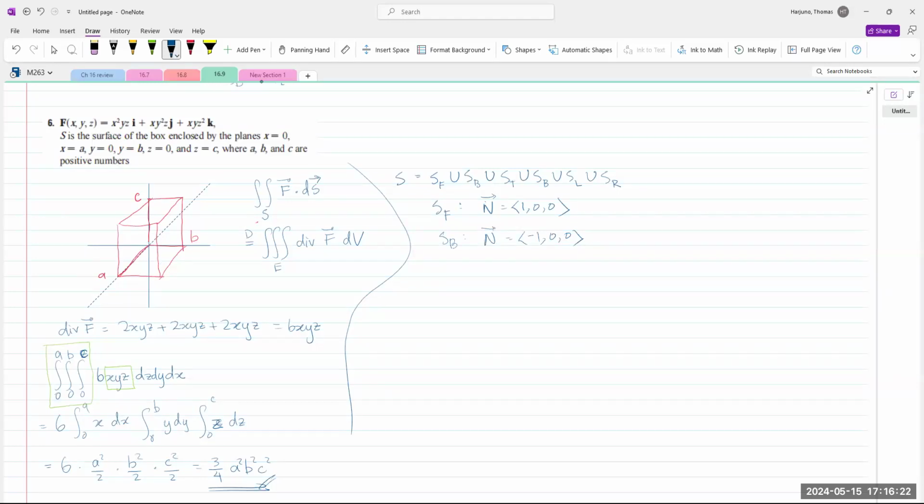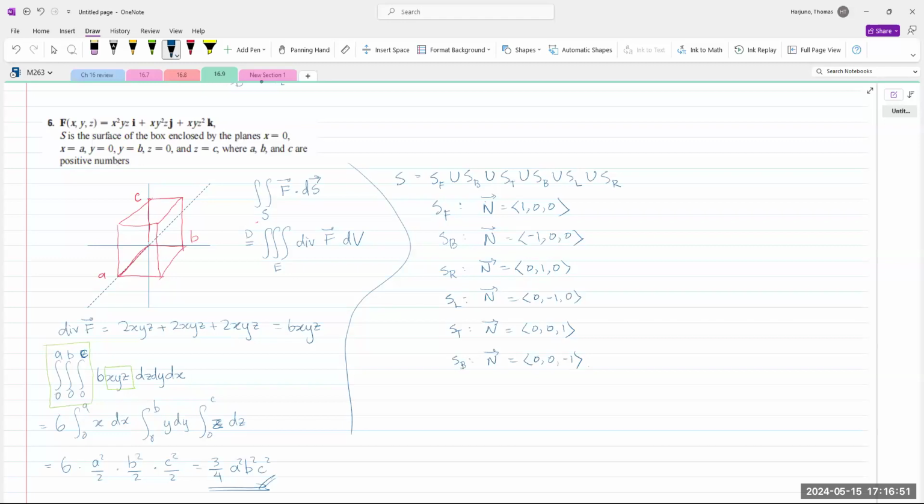The one on the right will have normal vector 0, 1, 0. The one on the left will have normal vector 0, negative 1, 0. The one on the top will have normal vector 0, 0, 1. The one at the bottom will have normal vector 0, 0, negative 1.